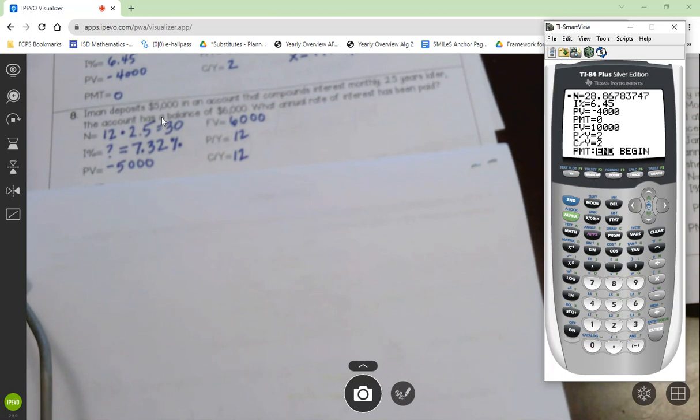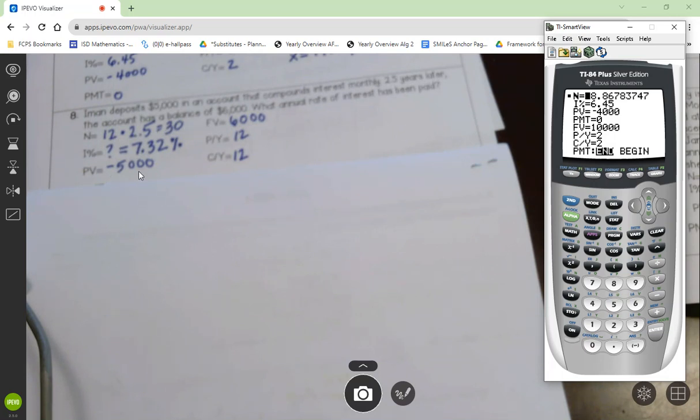In this one, Iman is depositing $5,000 into an account that compounds the interest monthly. And 2.5 years later, the account has a balance of $6,000, and we're trying to find the rate of interest. So I have an answer here, but I'm going to show you how I got that. N was monthly, so 12 times, and 2.5 years, so that's 30 times it compounded.